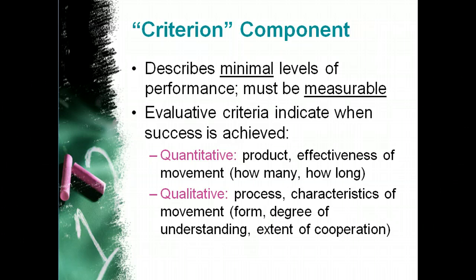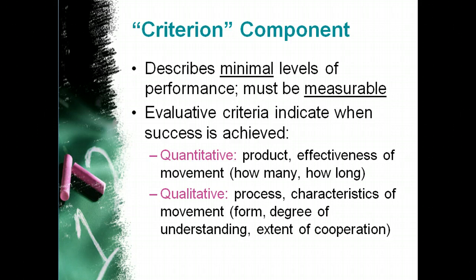The criterion component of the objective is the assessment level of performance, or minimal performance, of the objective. It must be measurable. The evaluative criteria indicate when success is achieved. There might be a quantitative product, or a number, in the objective, such as how many trials out of how many trials, or doing something for 30 seconds, and that's the evaluation or assessment part of the objective.